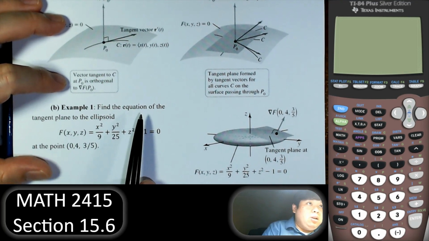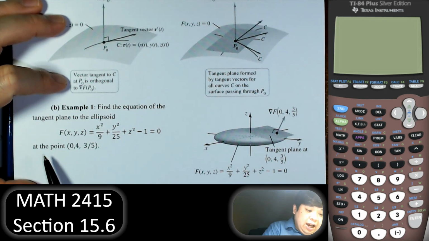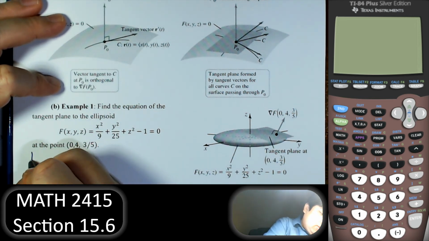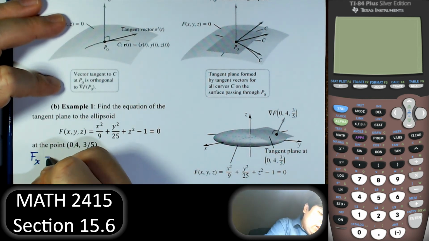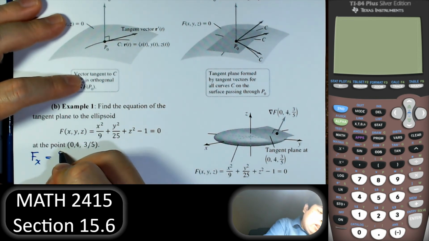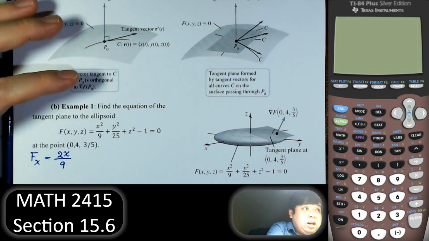Here the example, find the equation of the plane tangent to the ellipsoid here at the point. So what we do is just find the partial derivatives. f with respect to x: derivative of x squared is 2x, and then divide by 9. It's a constant, so it stays there.